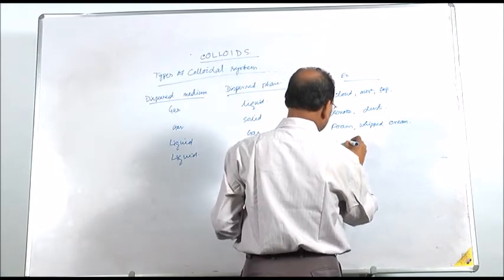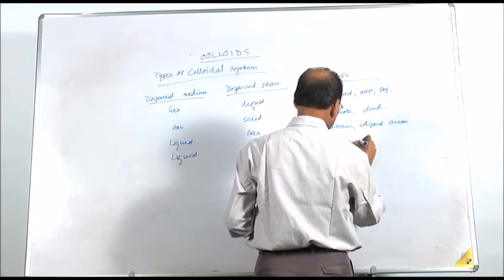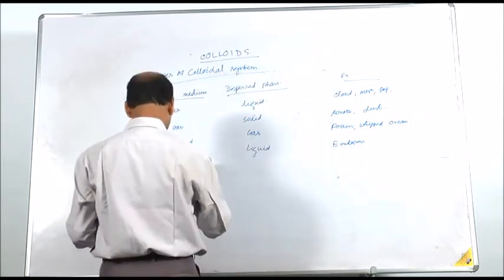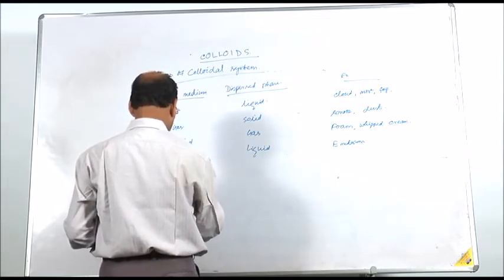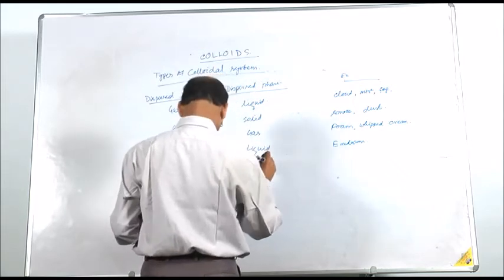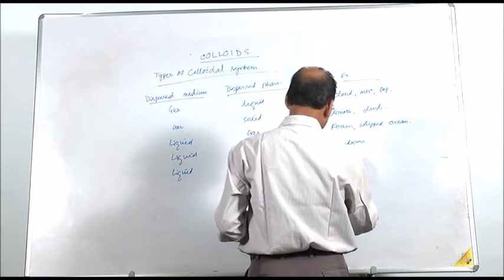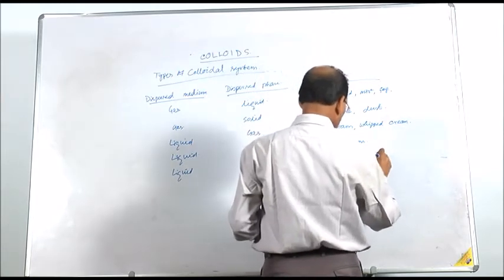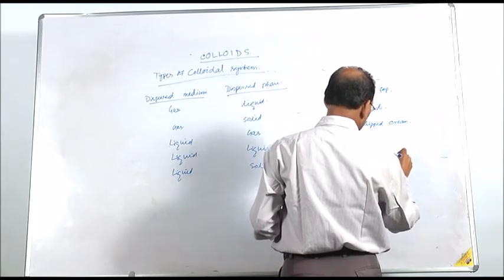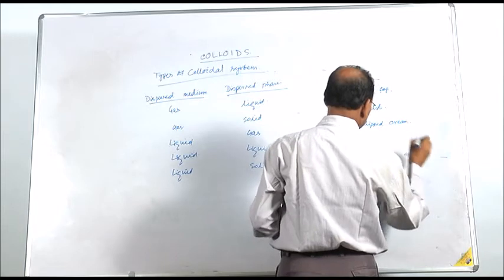Emulsion means paint, color, etc. Liquid and solid: starch, protein, albumin, etc.